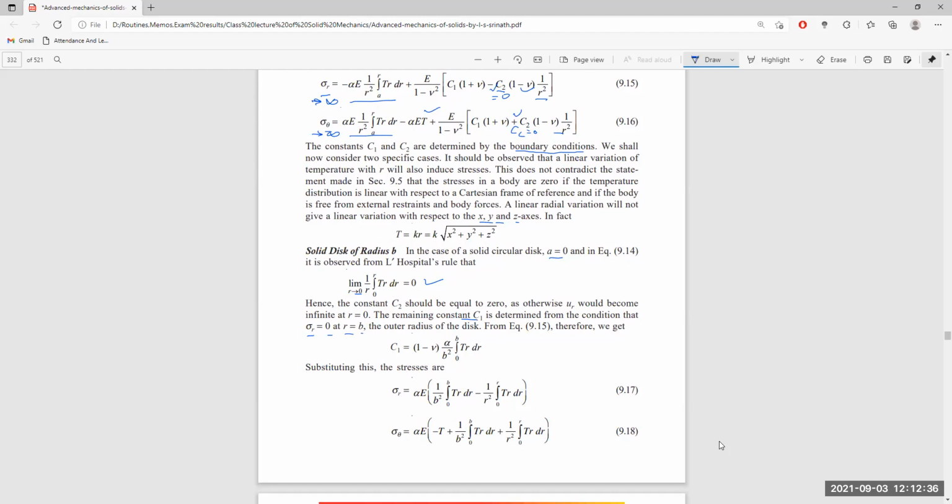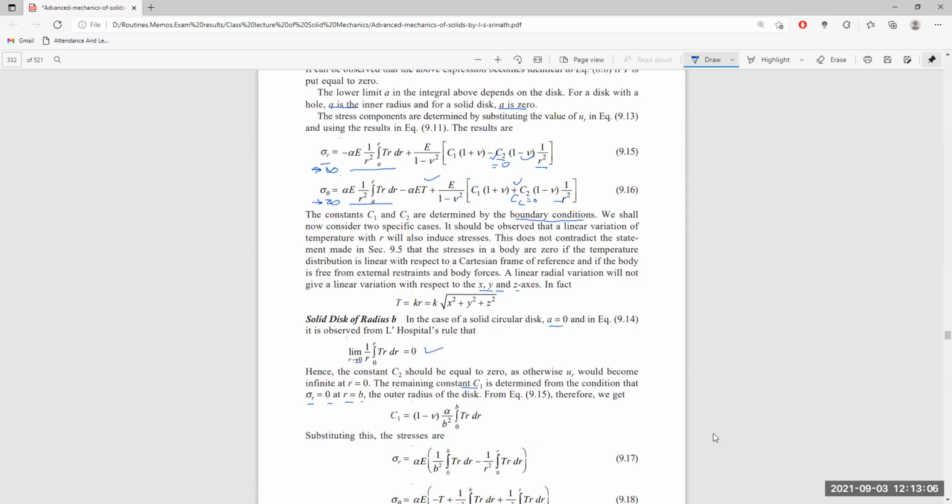Therefore C1 will be given as 1 minus nu, over b square, times the integral from 0 to b of T r dr. If we substitute in the above equation, then the equation for sigma r will take the form of alpha E within brackets 1 by b square, where r is replaced by b, times the integral of T r dr, minus 1 by r square, times the integral, and 1 minus nu into C1.